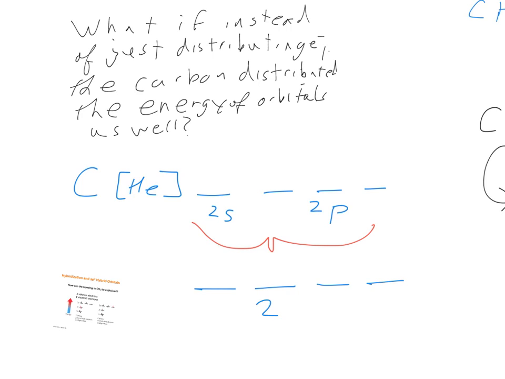Now I need a good name for these 4 orbitals I formed of equal energy. Well, I made them from an s orbital and 3 p orbitals, so why don't I call them sp3 hybrid orbitals. And what's a hybrid, right? A hybrid is an organism that results from the mating of parents of 2 different species.